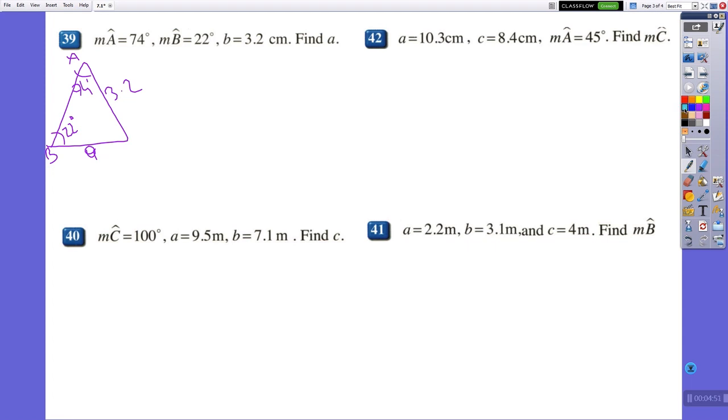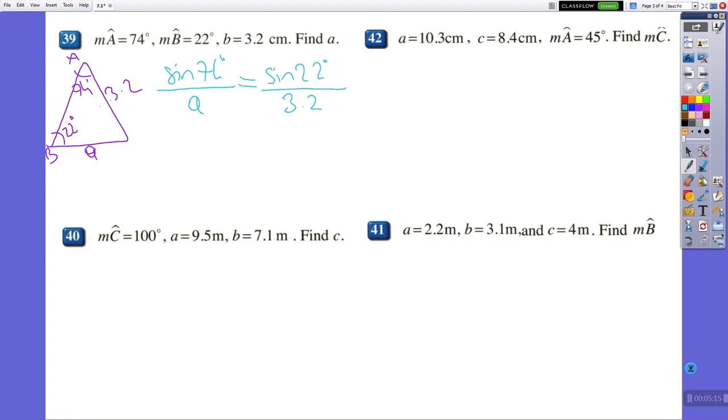So sine A, which is sine 74, over the side length opposite A is equal to sine of B, which is sine 22, over the side written opposite, 3.2.